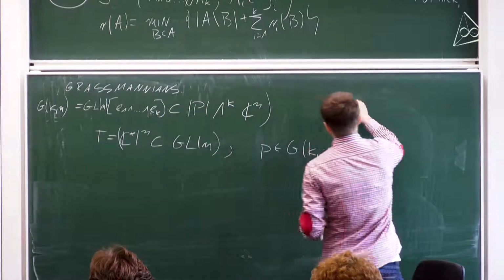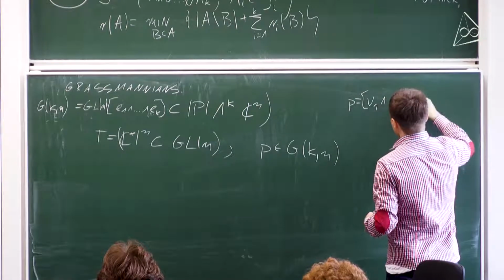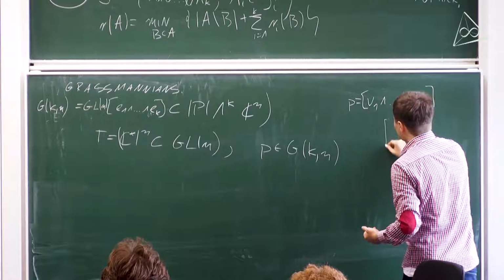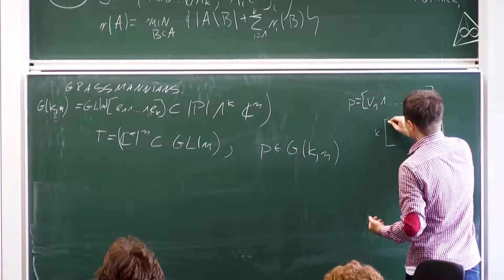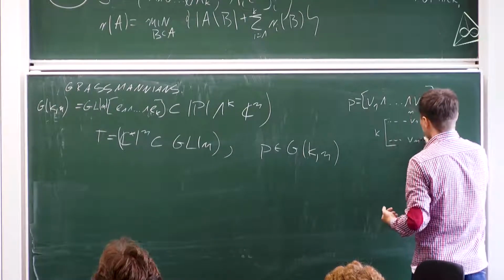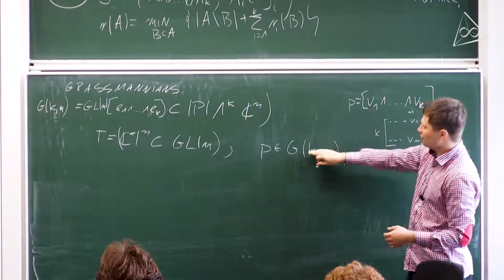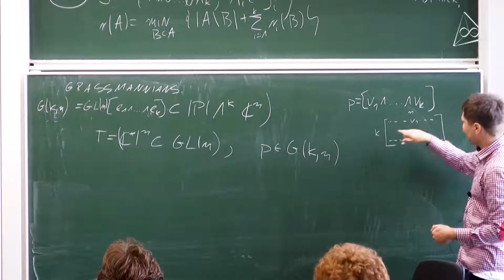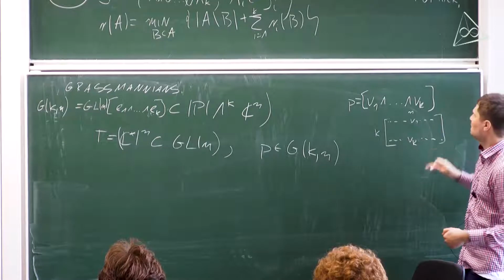So we can identify P with a class of v_1 wedge ... wedge v_k, which on the other hand can be represented as a k by n matrix, where here we put v_1, here we put v_k. Do you remember this? A point in the Grassmannian is a subspace of dimension k, so it is spanned by k vectors of length n.